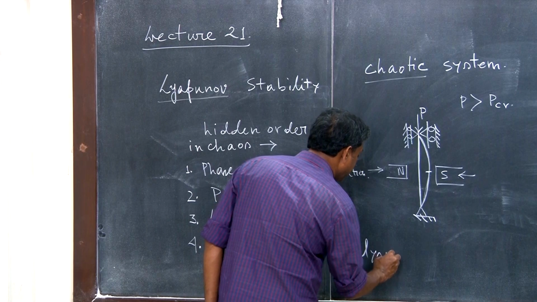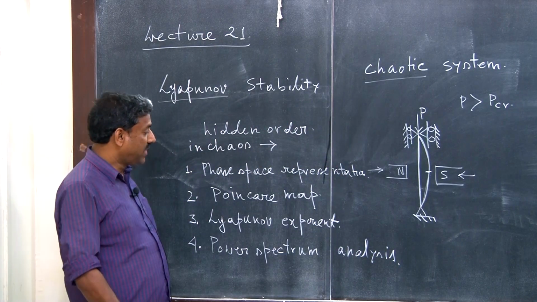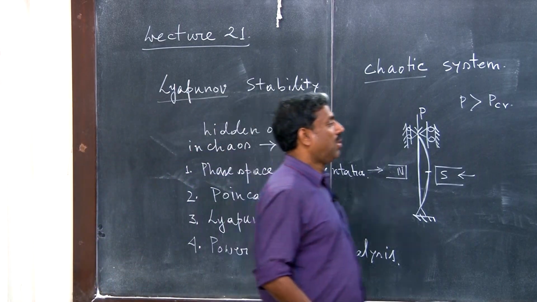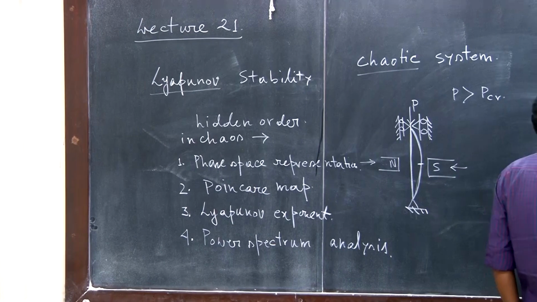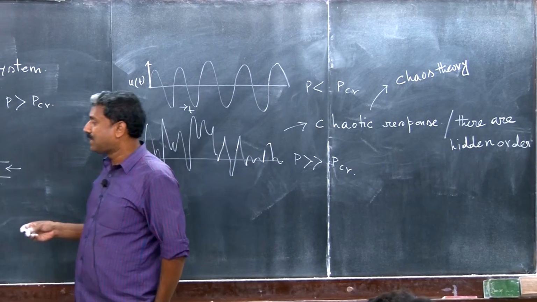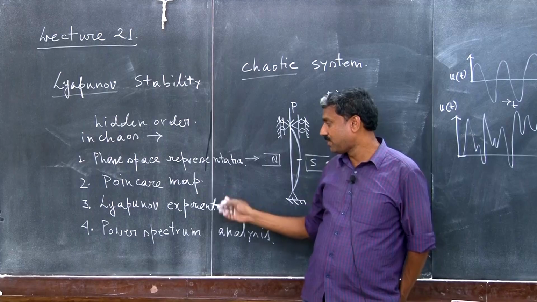So this itself is a subject to be taught separately. I am not going there, but what I am trying to emphasize to you is that although it looks random, it is actually not random. There is hidden order behind that, and that hidden order can be explored using different kinds of representation such as phase space representation, Poincare map, Lyapunov exponent.